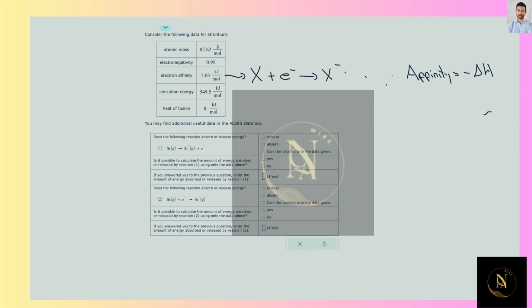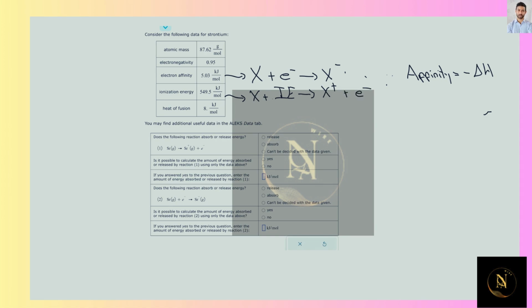Next up, we're going to have the definition for the ionization energy. In that case, it is more simple. You need to provide energy, and in particular, this energy corresponds to the ionization energy, to produce X plus one electron.